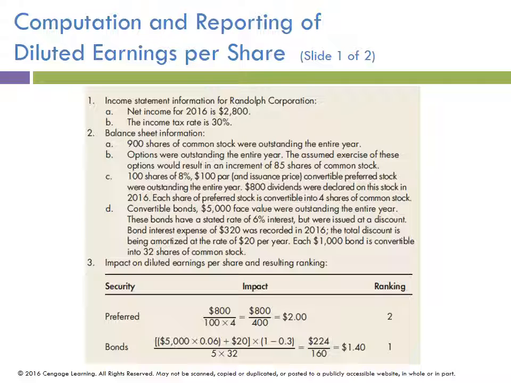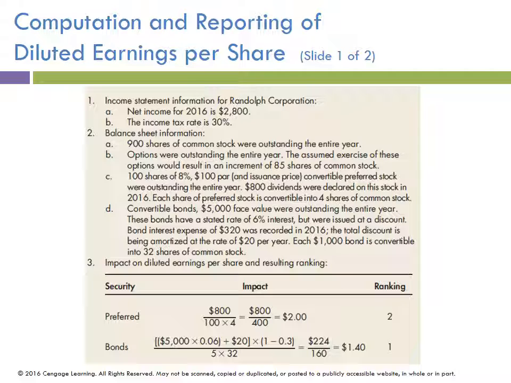Okay. The bonds. The company included in their financial statements $320 of interest expense. What is that from? It's from the interest payment they had to make, the $5,000 face times 6% or $300, plus the $20 of amortized discount.